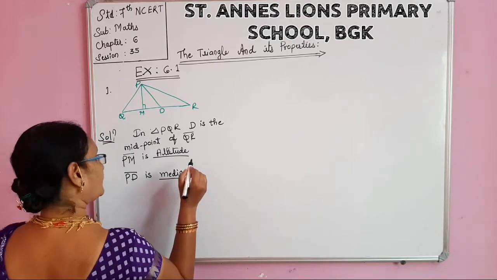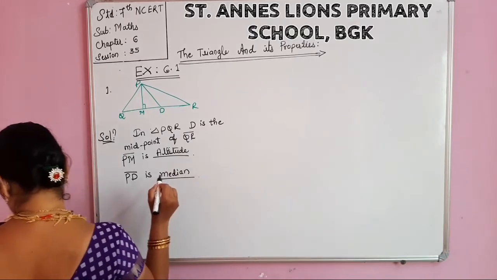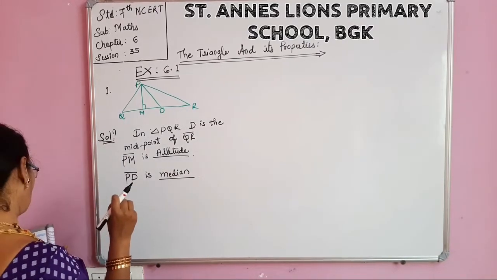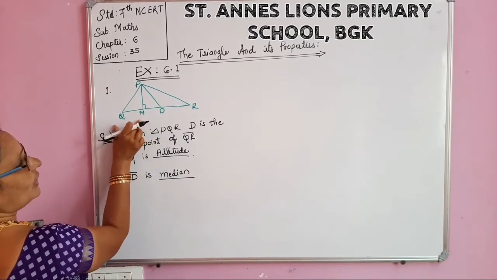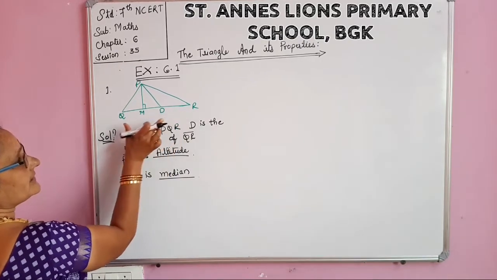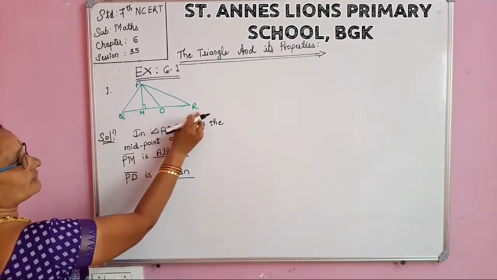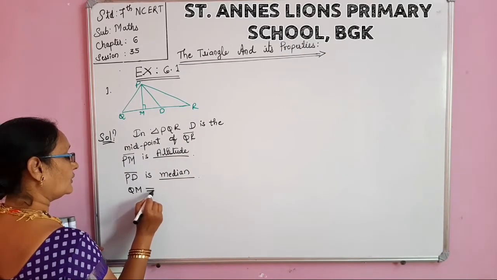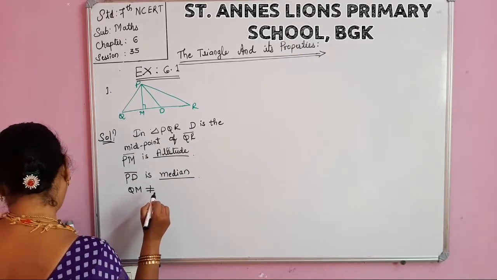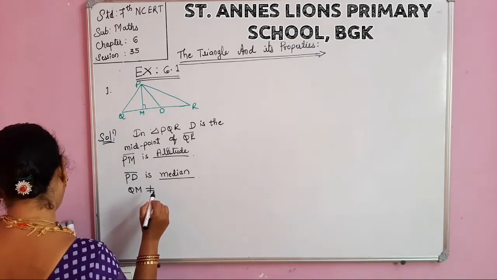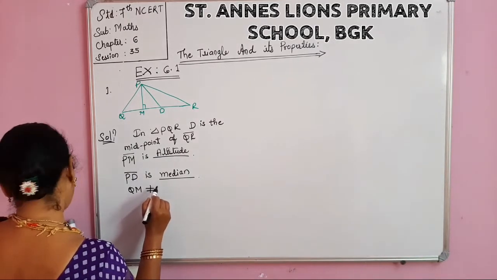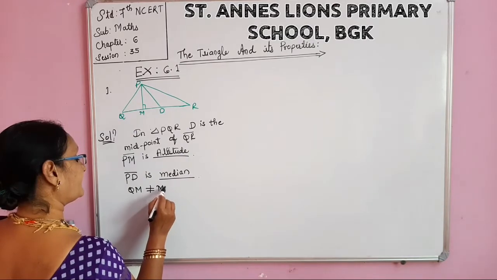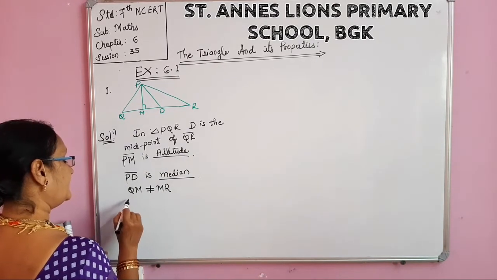Is QM equal to MR? QM is not equal to MR because here D is the midpoint of QR. No, QM is not equal to MR. Why?